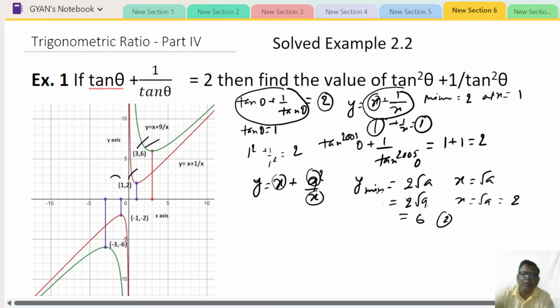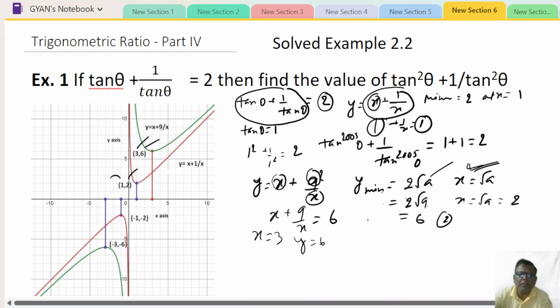So if it is given x plus 9 by x is equal to 6, then immediately we can tell that x is equal to 3 and y is equal to 6. How? By this fundamental.